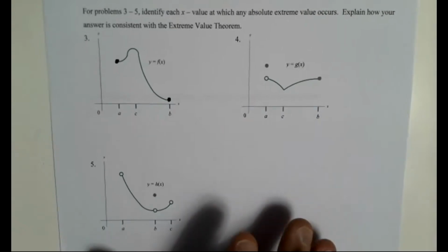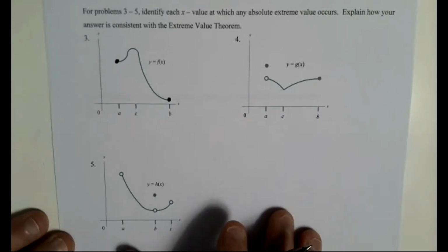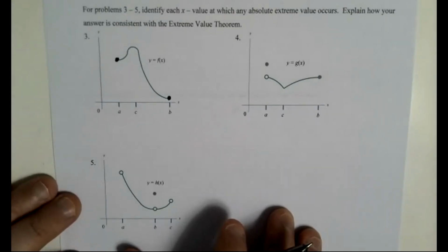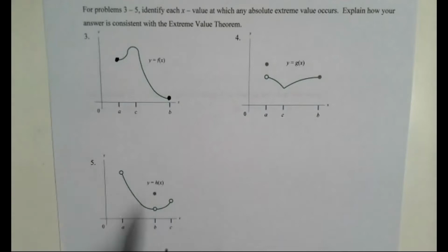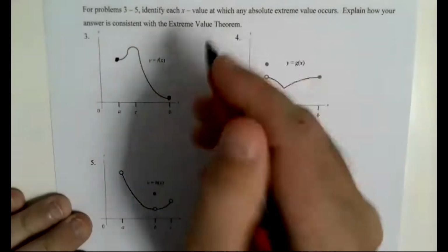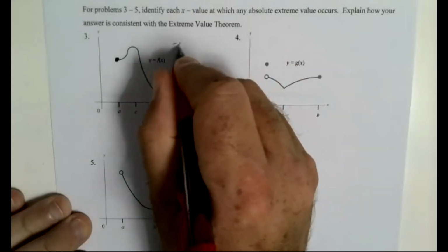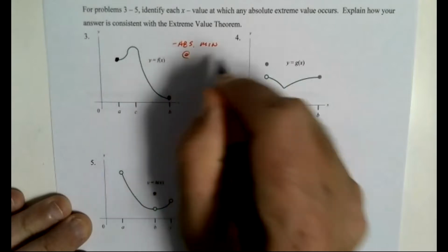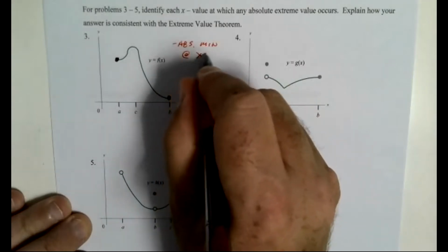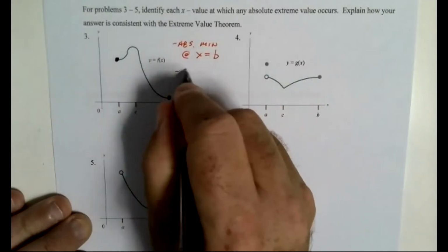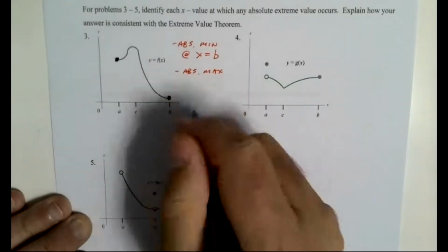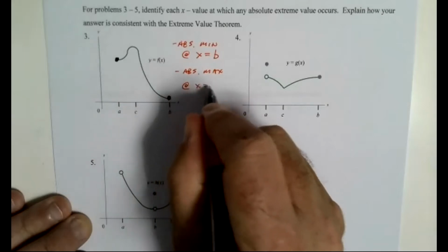Okay, right, so absolute extrema. Looks like I went back and scribbled on these to make them a little darker. That's fine. So absolute min, and we're just looking for absolute, so I don't have to worry about anything else. And it said for the x value, x equals b, then absolute max at x equals c.